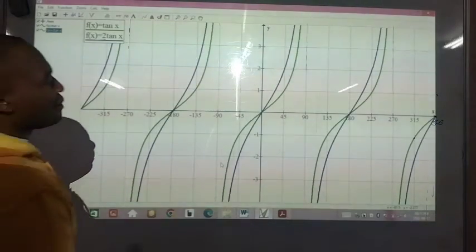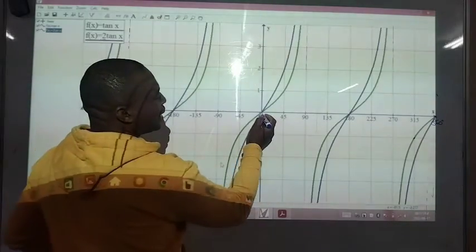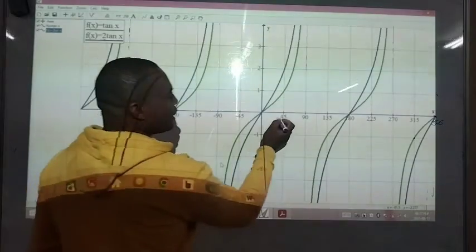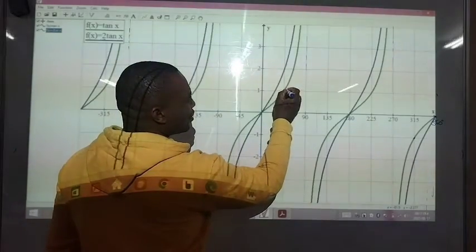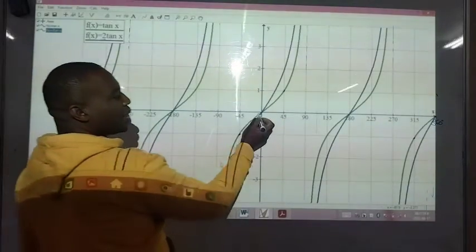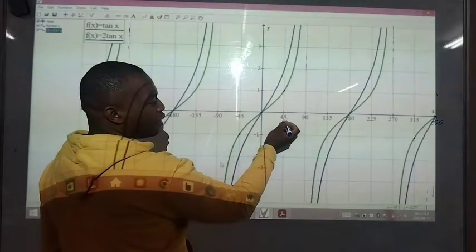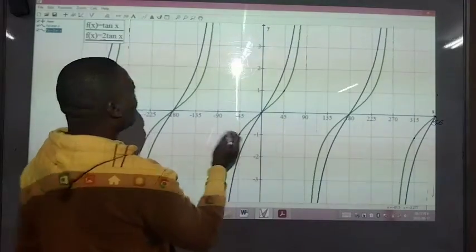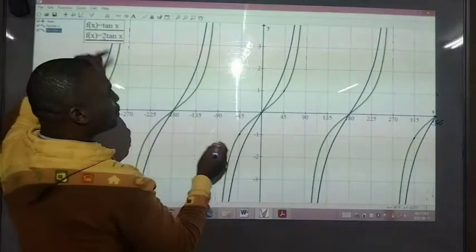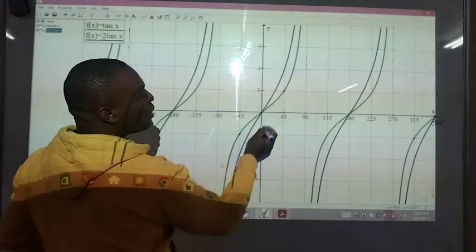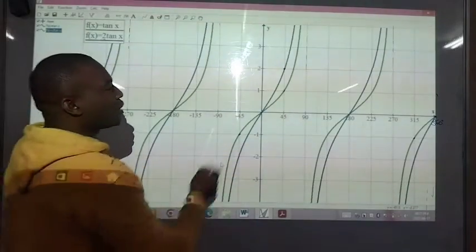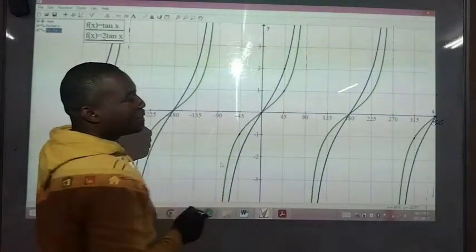So we can see the difference is that we have said for the graph of tan x, we have strategic points. When we were saying tan 45 degrees, we're getting 1. But now, because we are multiplying tan 45 degrees by 2, it means that 1 now is being multiplied by 2. So the graph is now passing through the point 45 degrees, 2.